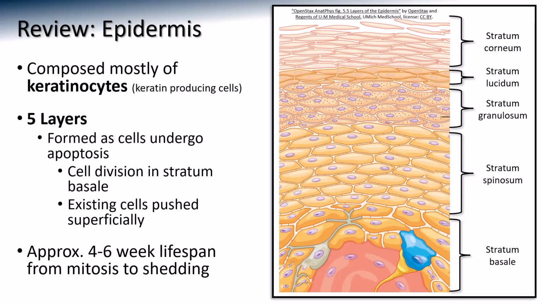All right, before we start, I just want to do a quick review of the epidermis for you here. So I want you to recall that the epidermis is composed mostly of the keratinocyte cells.